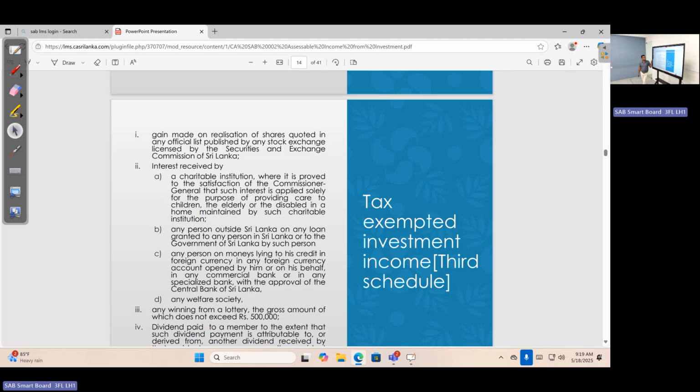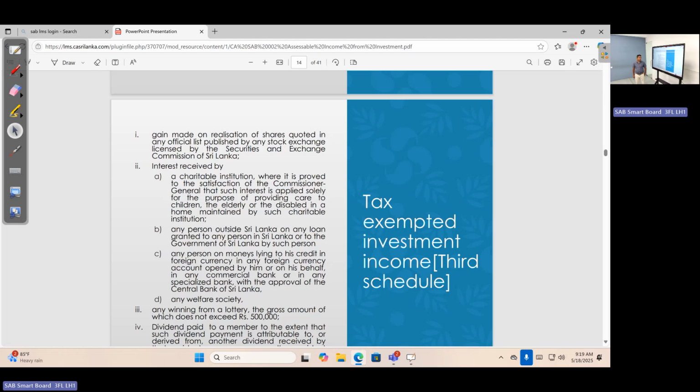Exempt income. Interest received by a charitable institution, provided that, to the satisfaction of the Commissioner General, such interest is applied solely for the purpose of providing care to children, the elderly or disabled in a home maintained by such charitable institution. So that is interest income of a charitable institution.